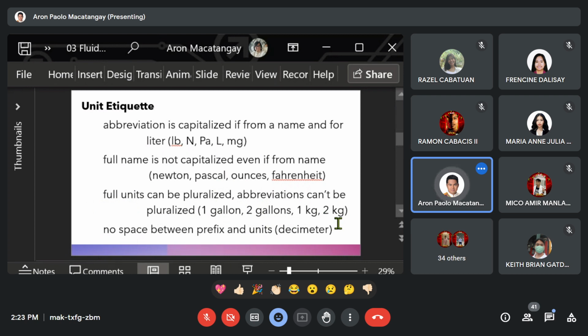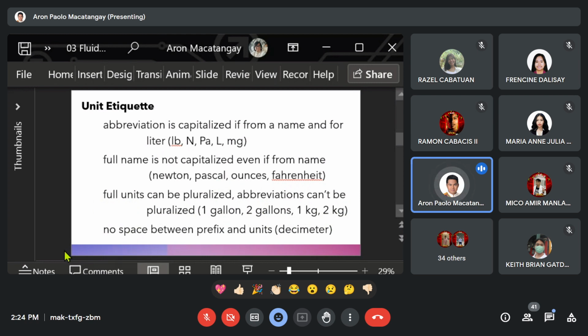I see people adding an S here. Even for pounds, they put LBS, but it should be just LB for pounds, and just kg for kilograms. Of course, when you read it aloud, there is an S, like 2 kilograms is still how it is read even if only kg is written, because it is plural. But if you write it down, there is no S.